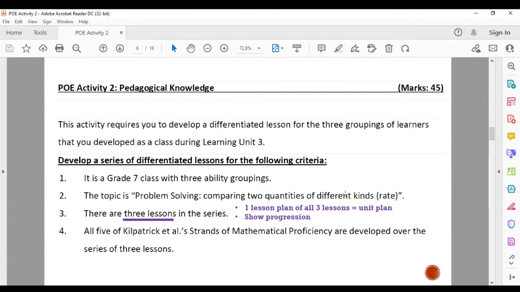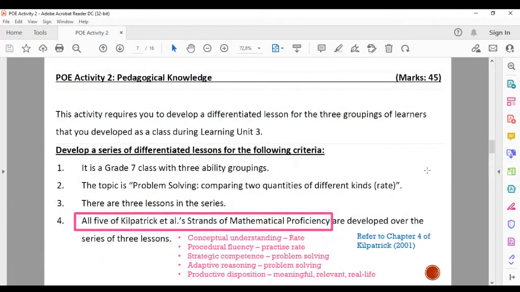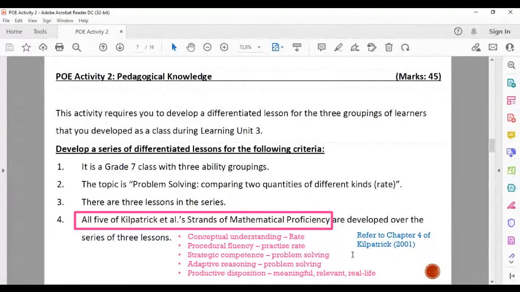We also need to use all 5 of Kilpatrick's strands of mathematical proficiency, and those are conceptual understanding, procedural fluency, strategic competence, adaptive reasoning, productive disposition. For this, you can refer to chapter 4 of Kilpatrick, and I've also uploaded this PDF for you in your PoE folder, so everything is there together.